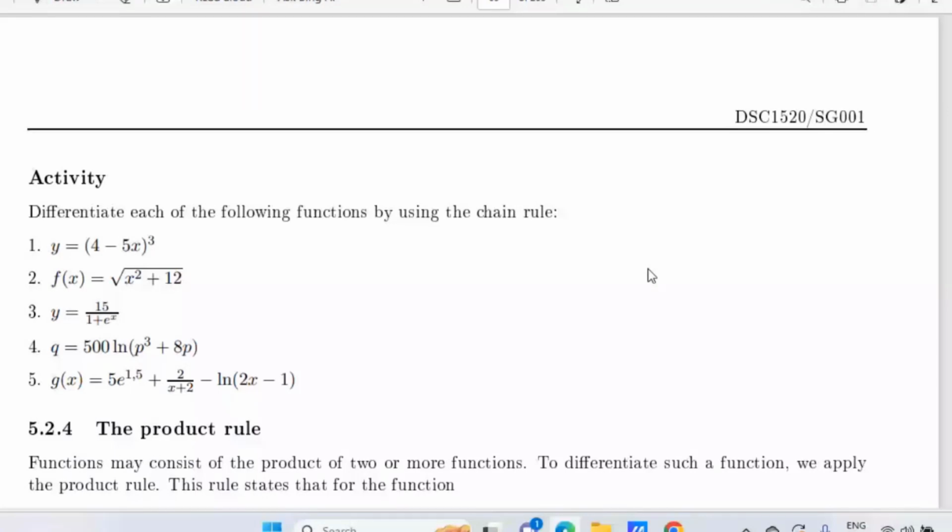The derivative of ln x is 1 over x. So in this case, it is the ln of 2x minus 1. So the derivative of ln of 2x minus 1 is the same as 1 over 2x minus 1. Do we agree? Yes.